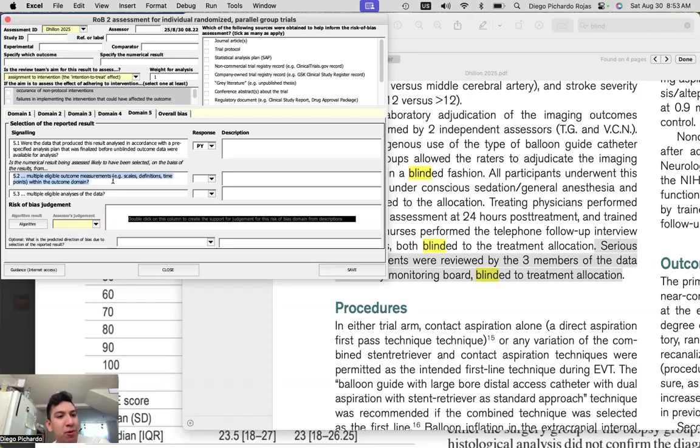If a numerical result is being analyzed, this is really important to be able to interpret. Were multiple eligible outcome measurements available within a specific outcome domain? Imagine we evaluate post-op pain, and we take a measurement morning, evening, and night.